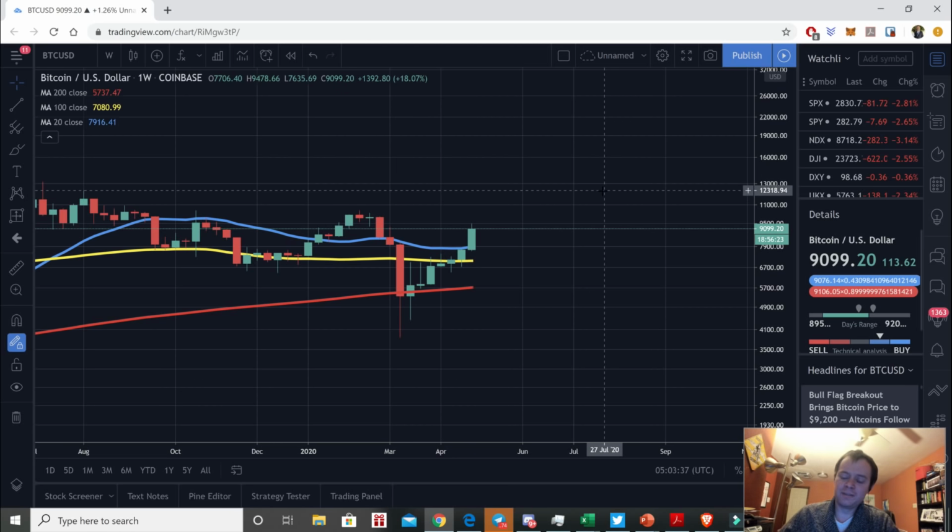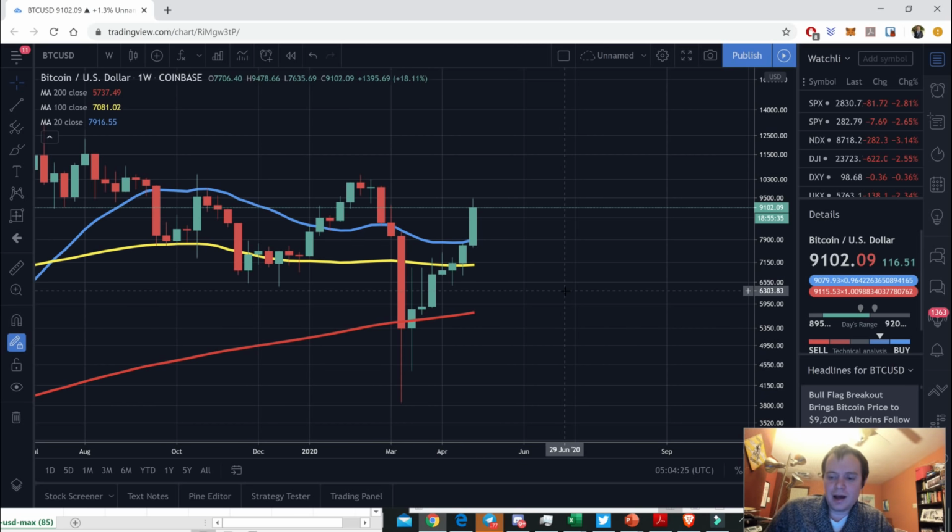So if you wanted to try to get ahead of the Ethereum move, if and when it comes, maybe it comes tomorrow, maybe it comes 3 months from now, but whenever it comes, rest assured that there's a 99% chance that when it comes, Bitcoin will be above the 20-week moving average.